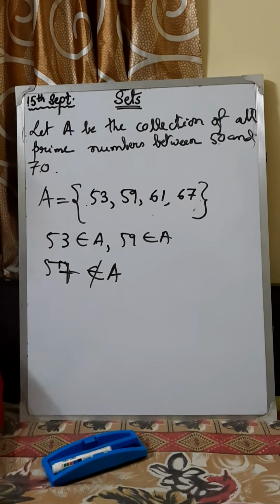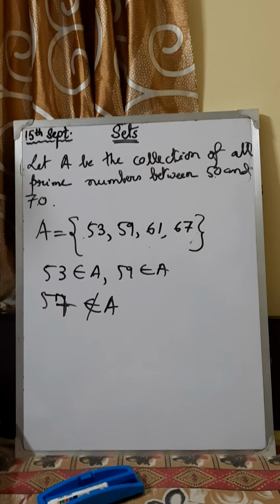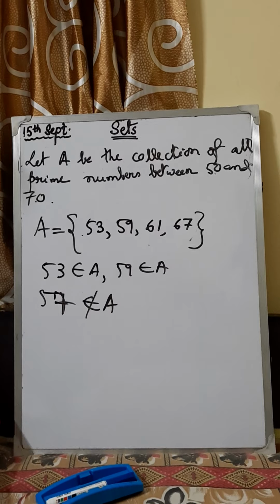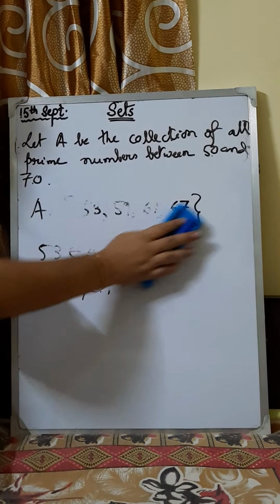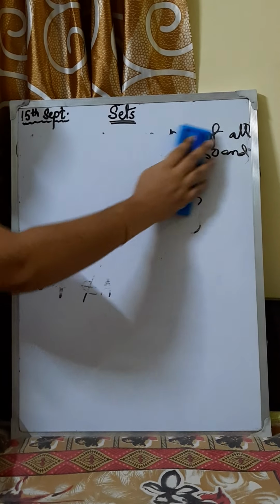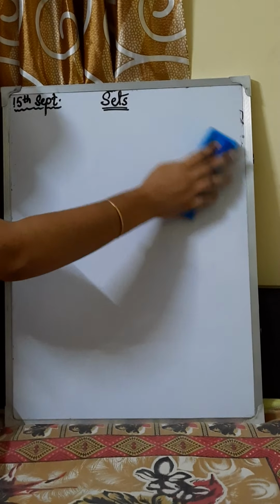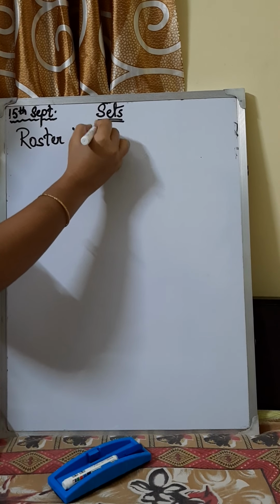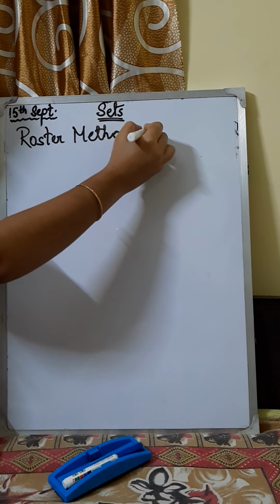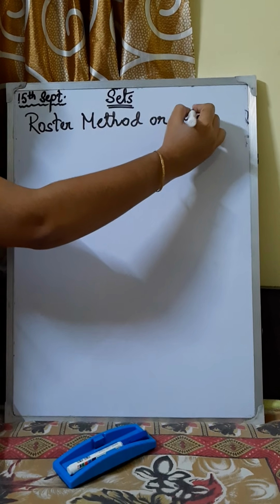Now, how to describe a set? There are three methods, or three ways, to describe a set. The first is the roster method, or tabular form.